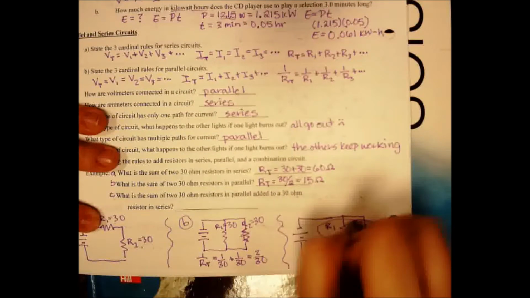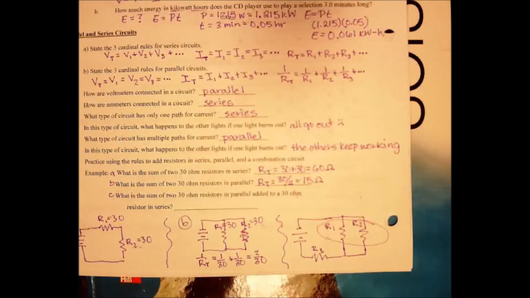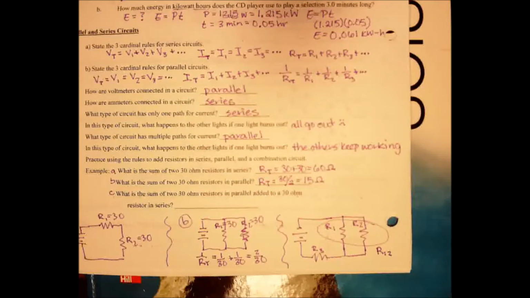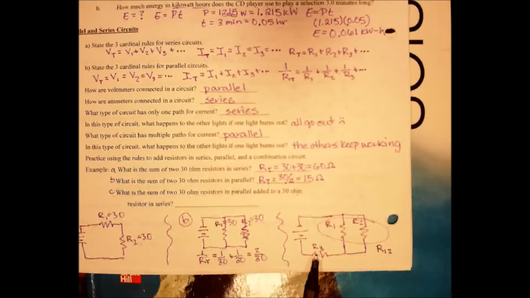You're going to combine these first because they're purely in parallel with each other. And then once you've combined them, you can combine that combination, which when I worked these in the unit, I would have called R12. You can add that in series with R3.